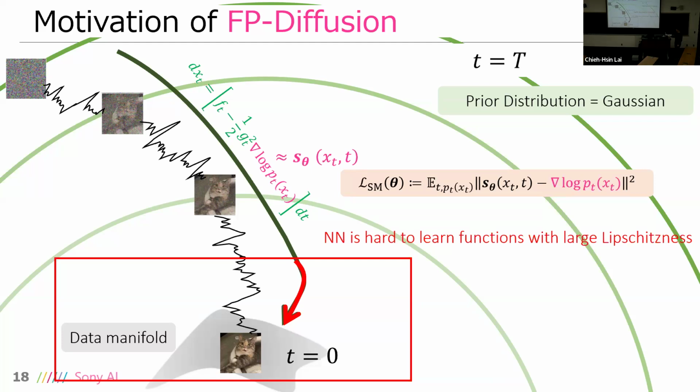The neural network may have a hard time approximating this highly non-Lipschitz function when time is close to 0. So this may make the training of the score diffusion model inaccurate when time gets smaller. This is one of the problems of the diffusion model itself.